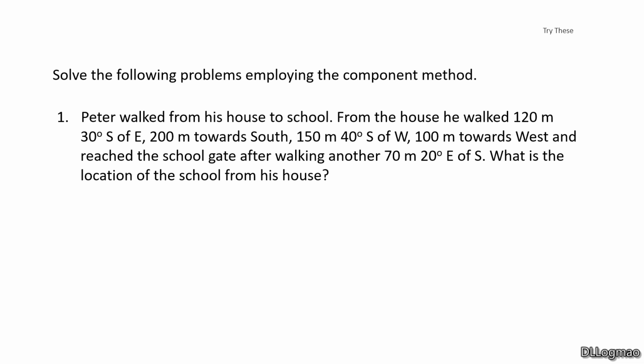From the house, he walked 120 meters, 30 degrees south of east, 200 meters towards the south, 150 meters, 40 degrees south of west, 100 meters towards west, and reached the school gate after walking another 70 meters, 20 degrees east of south. What is the location of the school from Peter's house?